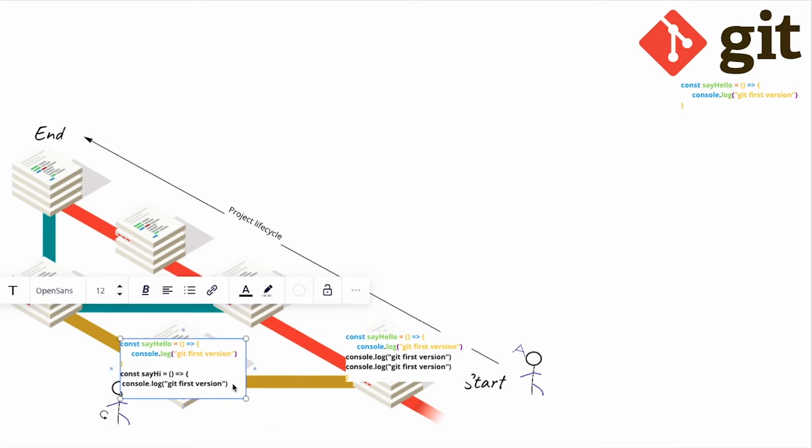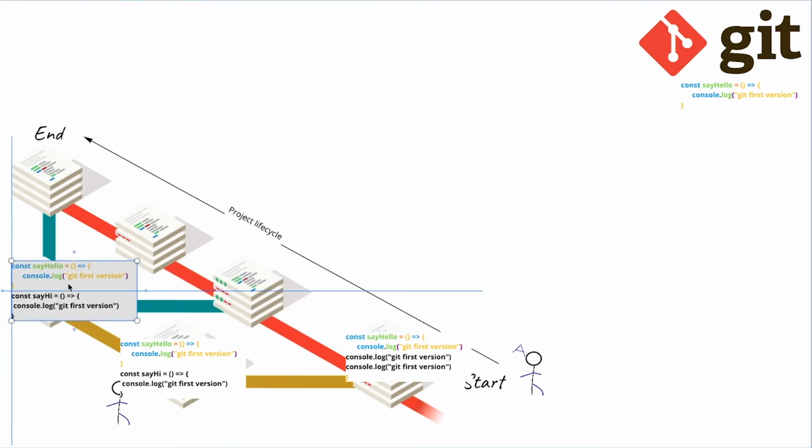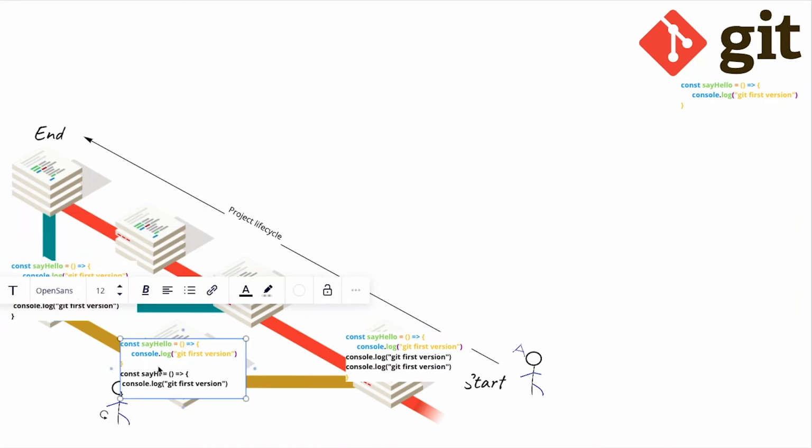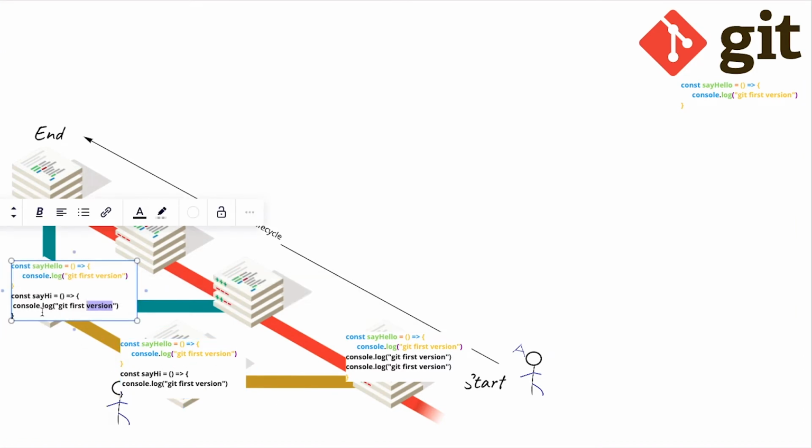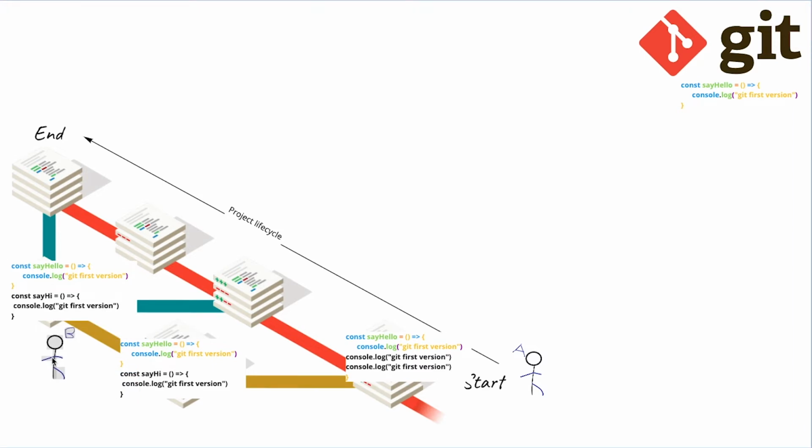So as I explained before, he does a commit, so he saves a bookmark in here. Okay, so person B started to make changes, and he's happy about these changes. He's done with these changes.